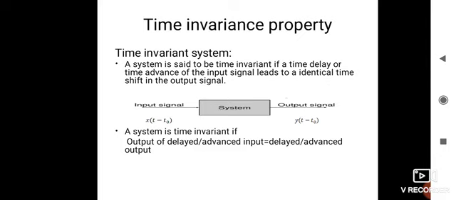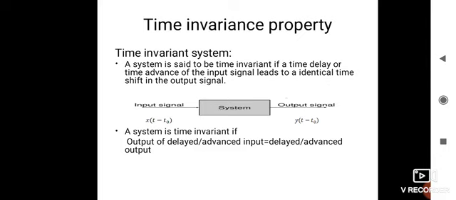That means if a time delay or a time advance is given to the input signal, then the identical time shift is shown in the output signal, as shown in the figure. Here the input is x(t minus t0) and the output is y(t minus t0).